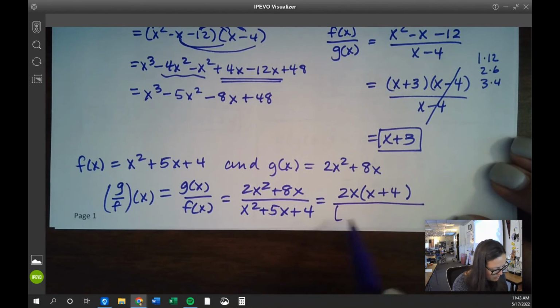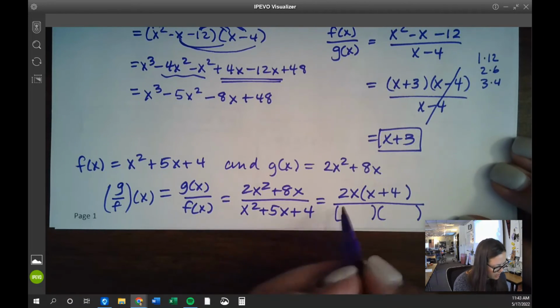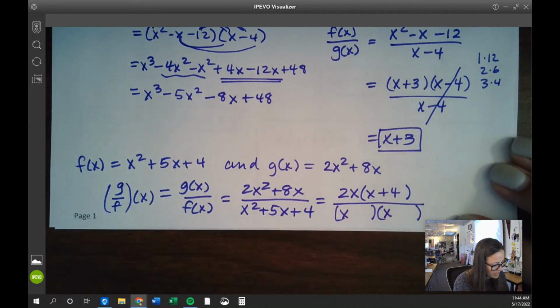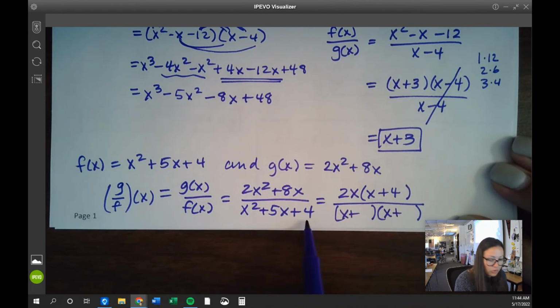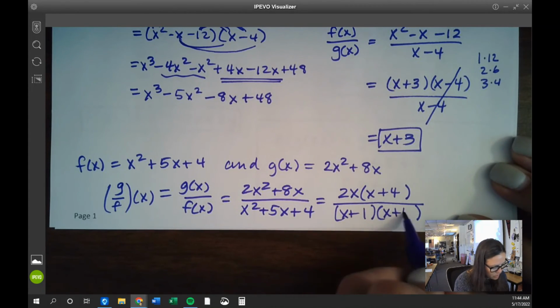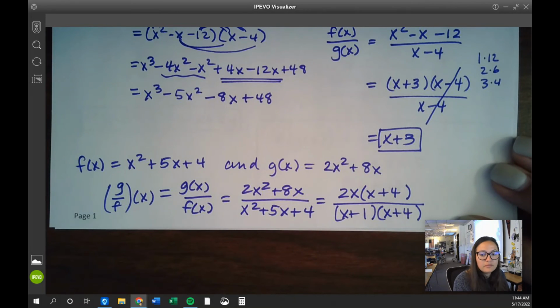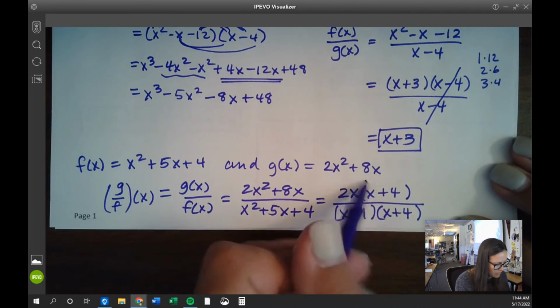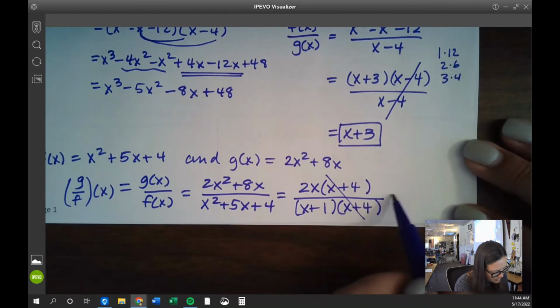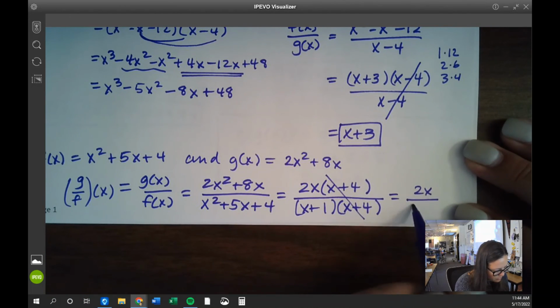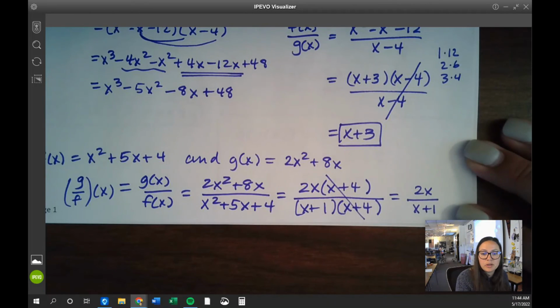The bottom can also be factored. To get x squared, I have to have x and x, and it's got to be a plus and plus. To get 4, I either do 2 and 2 or 1 and 4, and it's going to be 1 and 4. Now look, what do we have in common? x plus 4 cancels out, and we get 2x over x plus 1.